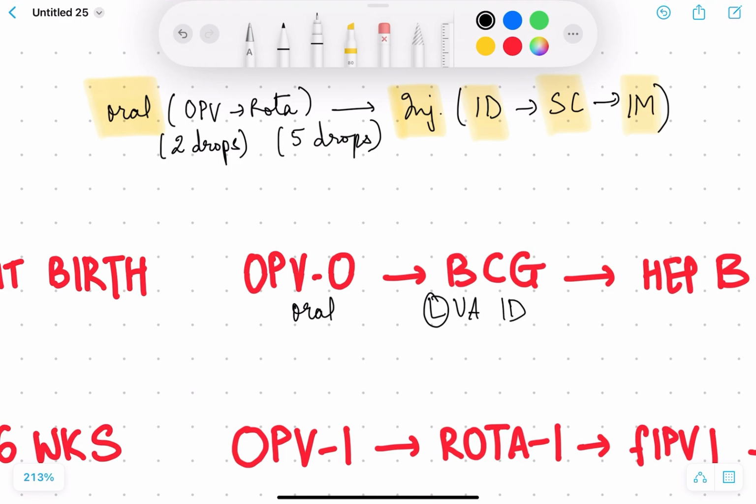It's going to be an intradermal injection. If it is immediately at birth, you are going to give them 0.05 ml. But you can give this vaccine if the child has not taken the vaccine at birth. You can give it up till 1 year of age. So from 1 month to 1 year of age, your dose then becomes 0.1 ml.